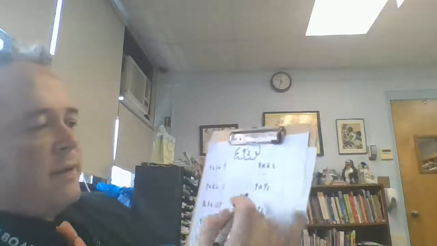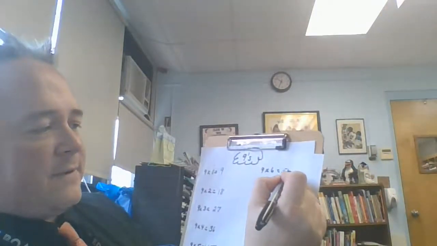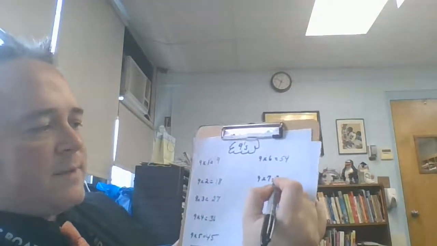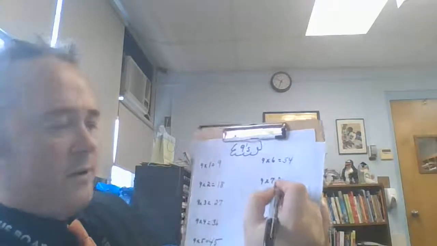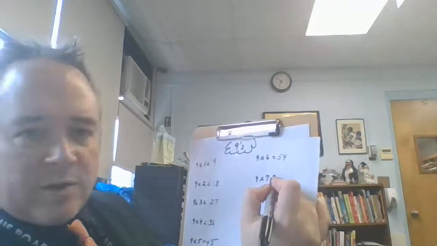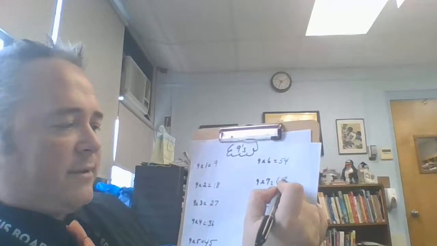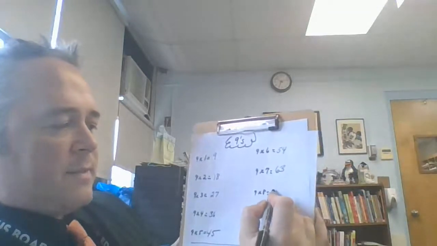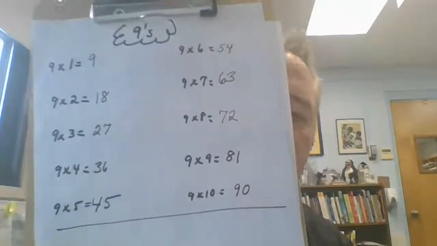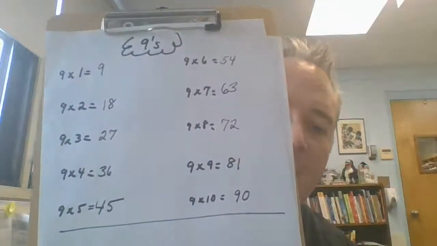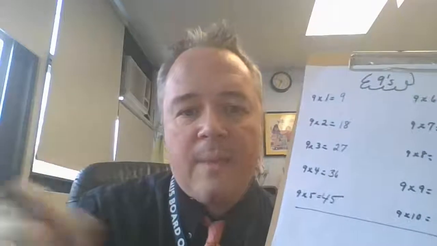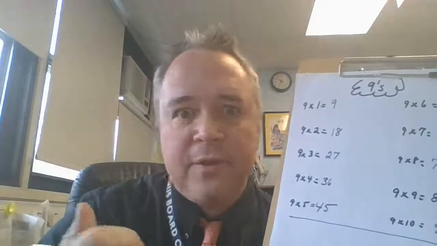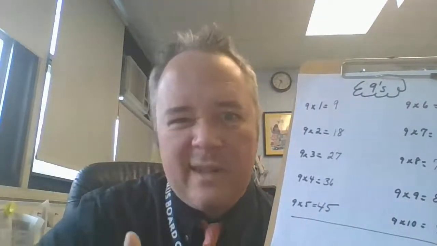I know that 9 times 6 is 54. 9 times 7 took me the longest to learn because for some reason it was just harder for me to remember. 63. And 9 times 8 is 72. So there, I filled in all my answers now. I thought about the ones that I knew just like that, and the ones that I had to think about for another second, and then the ones that I really had to learn.